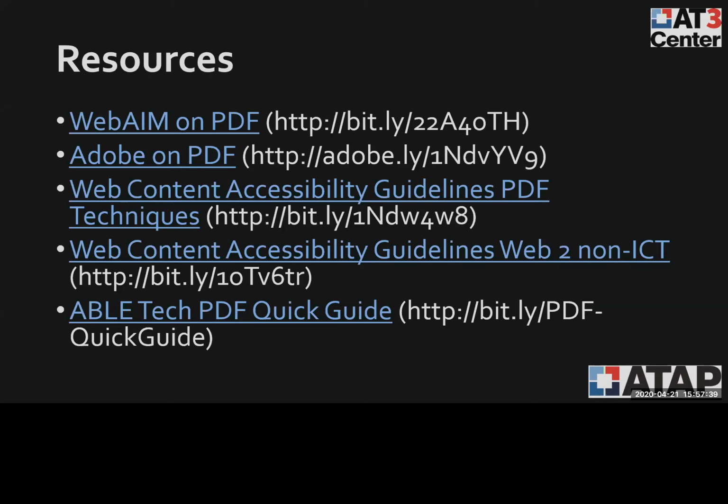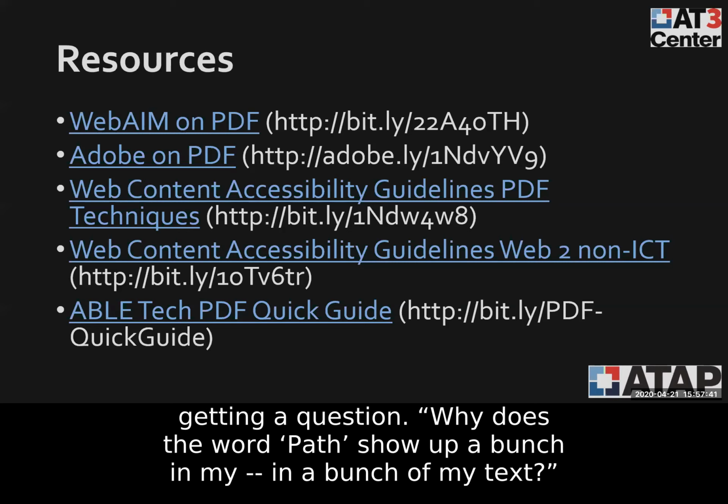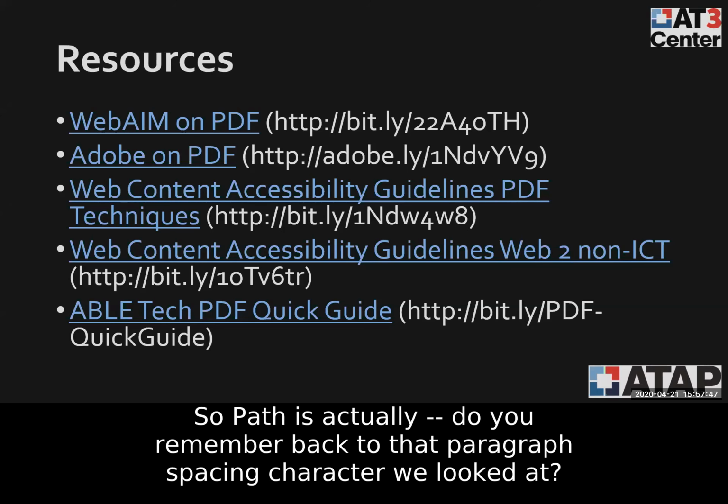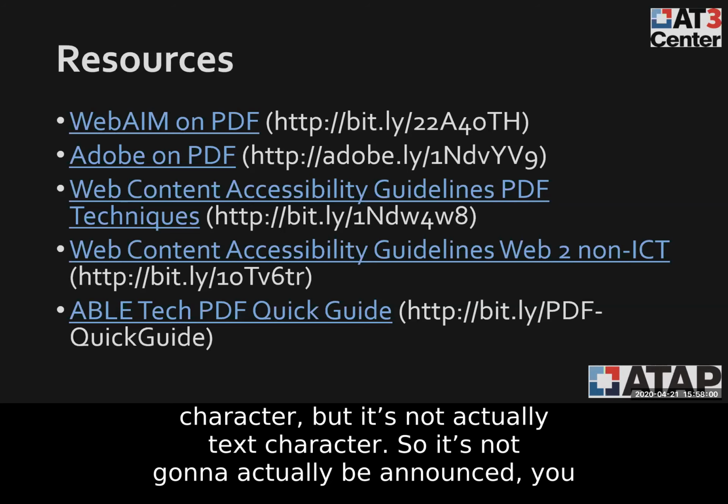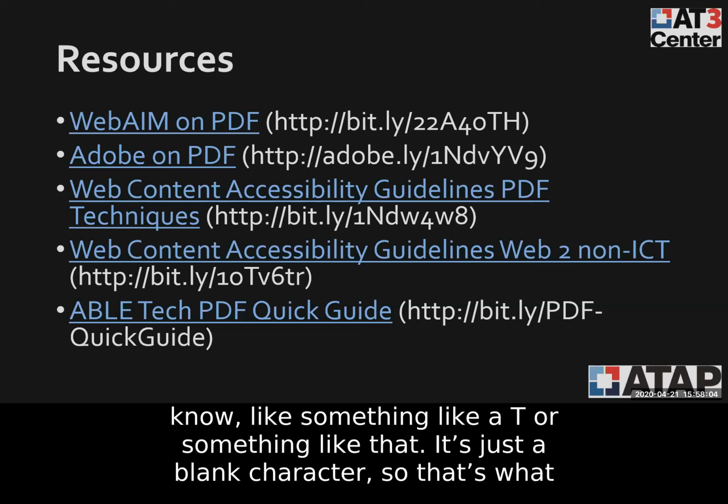Oh, I'm also getting a question. Why does the word path show up in a bunch of my tags? Do you remember that paragraph spacing character we looked at? Those actually are going to say path. It's just indicating that there's a character, but it's not actually a text character, so it's not going to be announced. It's just a blank character. That's what path means.